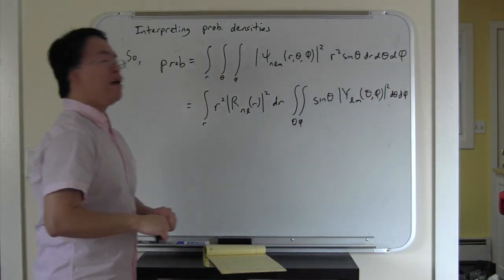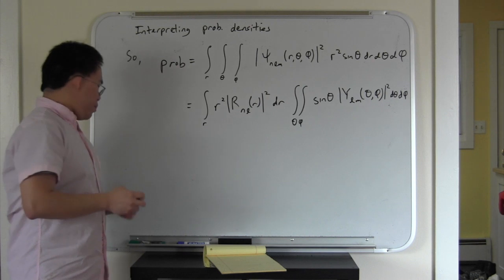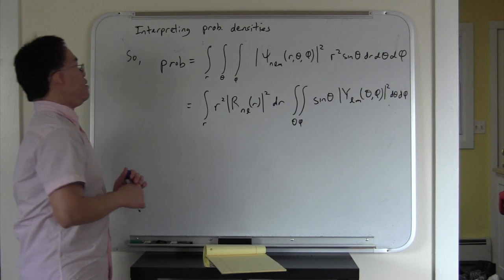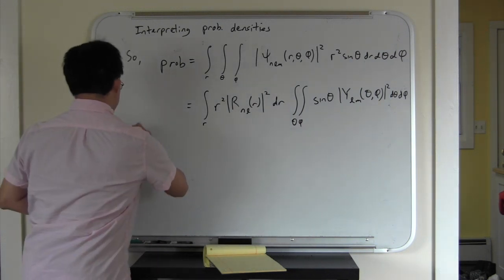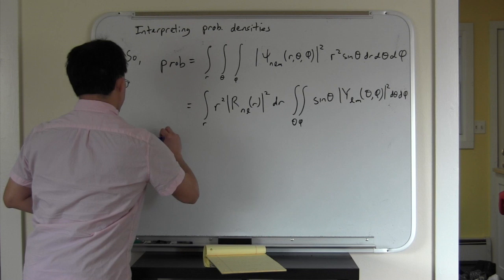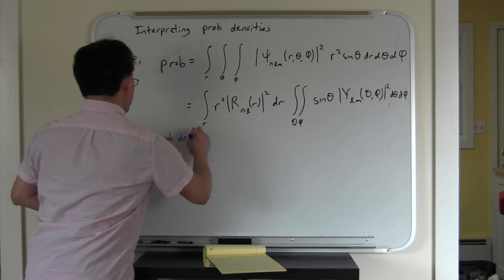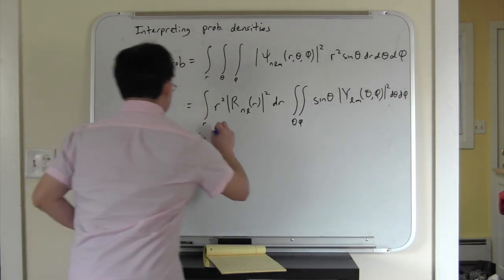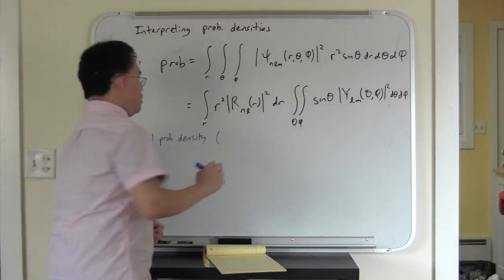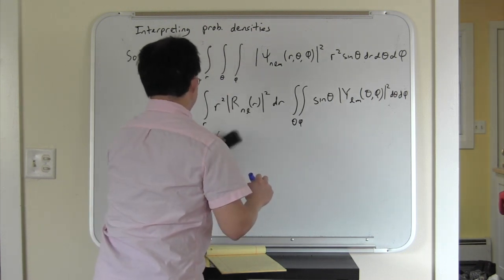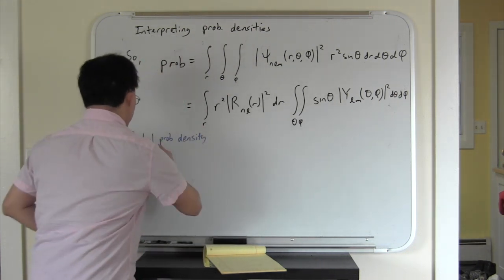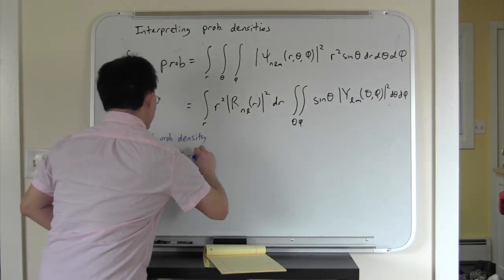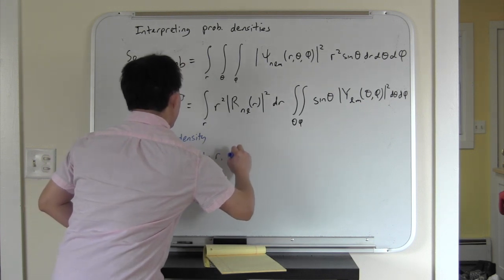There we are. Okay, so what we end up defining is this radial probability density, which is the probability of finding the particle's radius between r1 and r2.